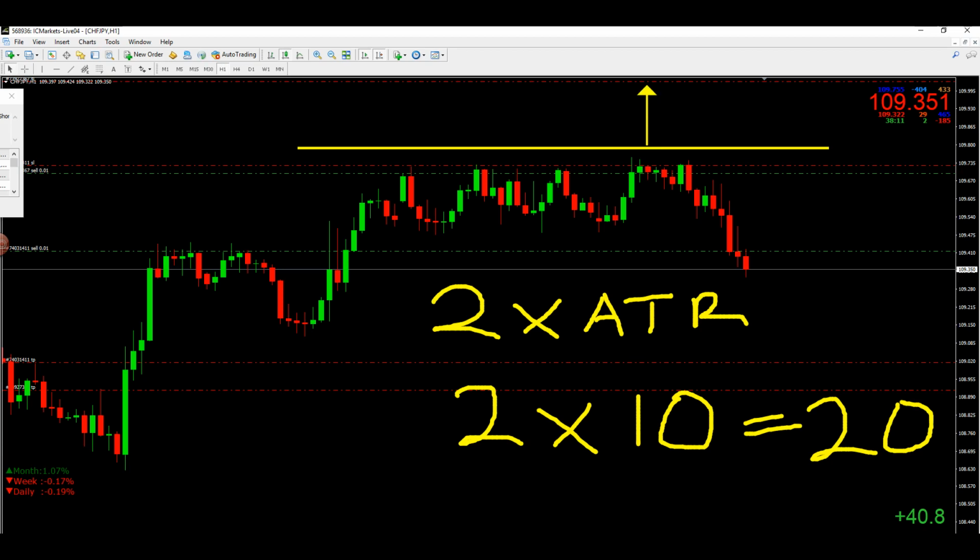Let's say this is 10 pips. I'm not quite sure if that is what it is. So you want to add 10 pips on top of a line of resistance, not necessarily an area. Perhaps you could say that would then form your area of resistance.